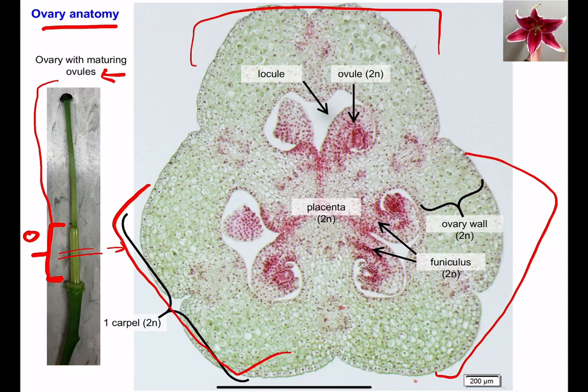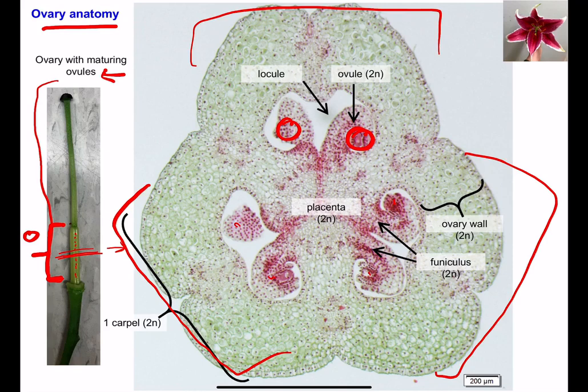And again, we're going to have lots of ovules stacked on top of one another, but since this is just a tiny slice through one of them, all we're seeing is 1 ovule there, and a pair of ovules here, and in theory there are 6 ovules in this slice. At this point, everything is still diploid. This is a young ovary with young ovules, and we're going to talk about ovule development.